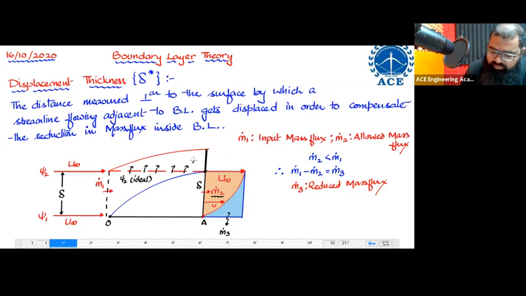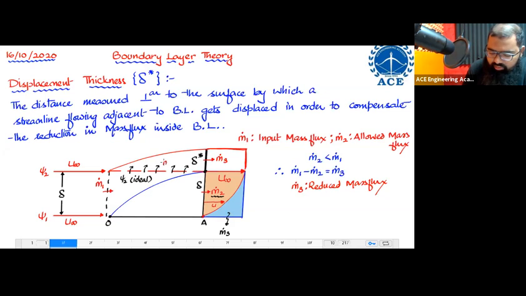Let us say delta star. After psi 2 has got displaced, the velocity profile over here is going to be a uniform velocity profile. Now m dot 3, which was not able to move from here, has pushed psi 2 like this and it is moving over here.